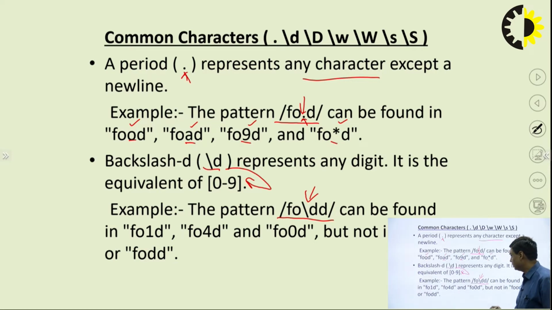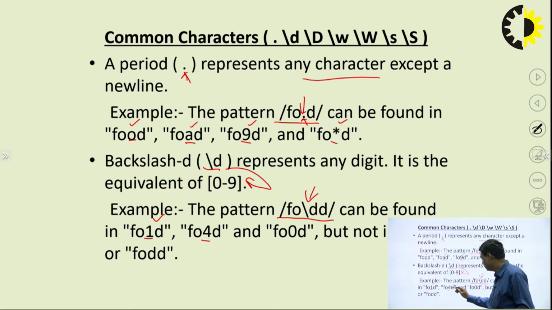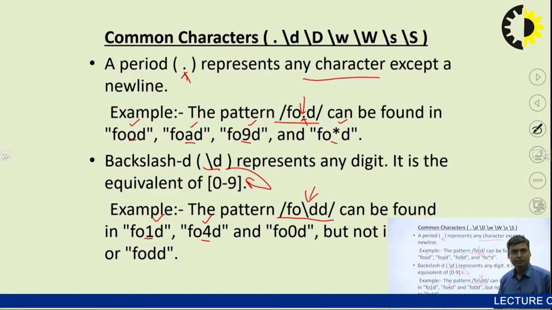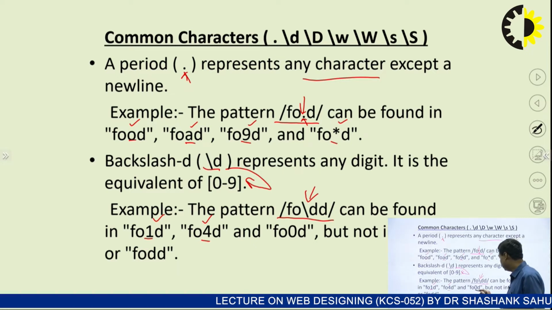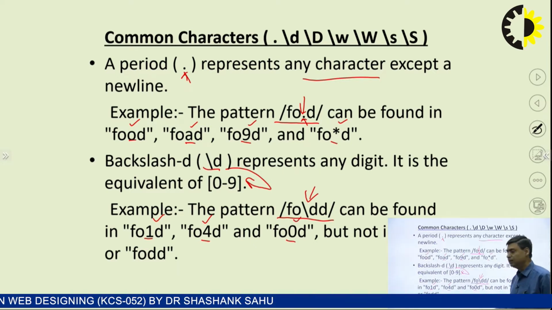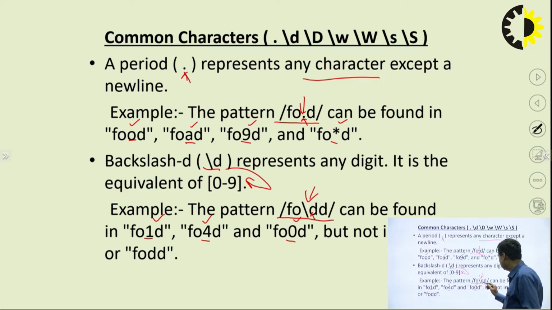So we can see that at this position we have a 1, so it is a valid string. At this position we have a 4, this is also a valid string. And at this position we have a 0, this is also a valid string. We have to ensure that at this position we must have a number, but it is not valid in this string because at this position a number is not present, a letter is there.